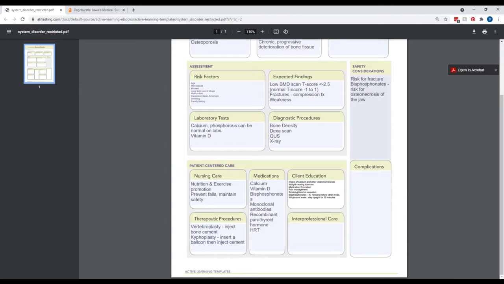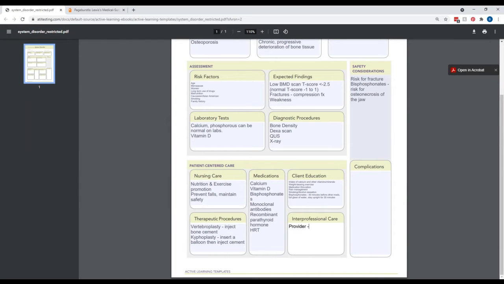At least not for 30 minutes. So that's definitely something you can see for osteoporosis, these directions for this medication. You can see it on your NCLEX. So that's the big one.